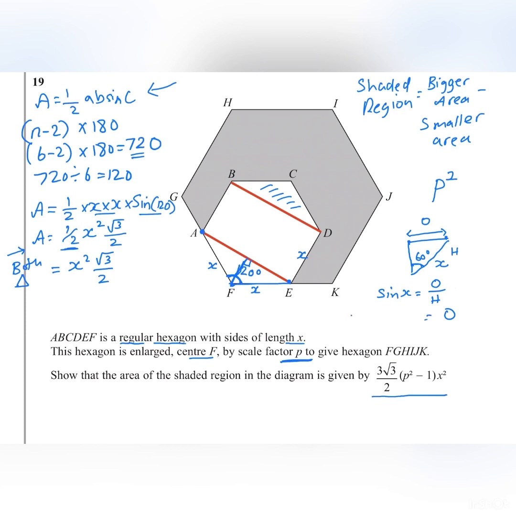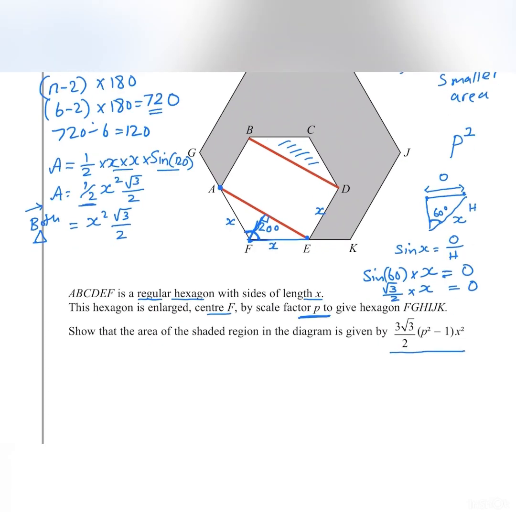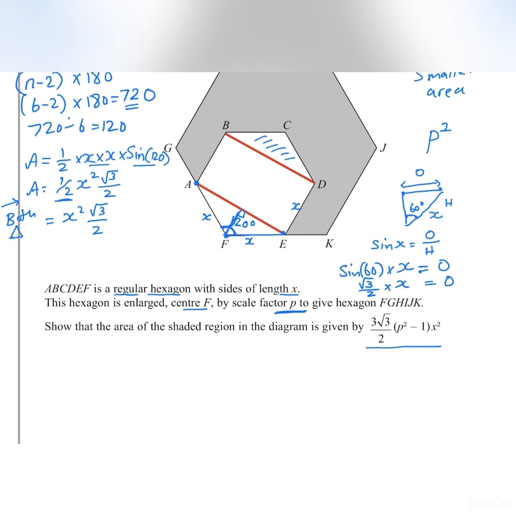We've got sine of 60 times x, which is the hypotenuse. And sine of 60 on the calculator is also root 3 over 2, and then times x. So this one side is root 3 over 2 x.